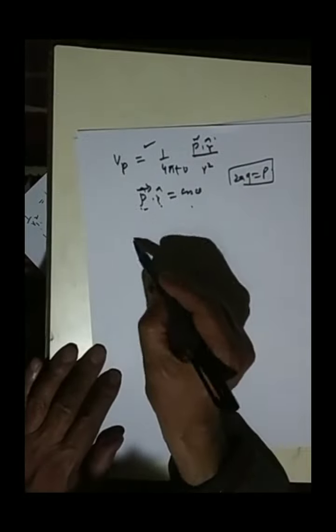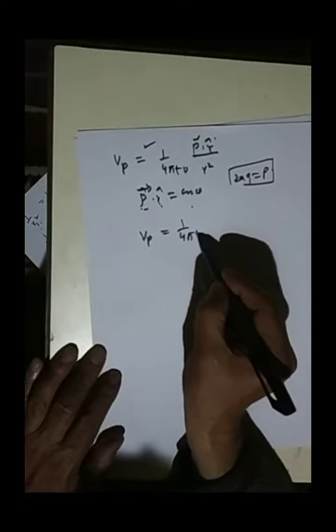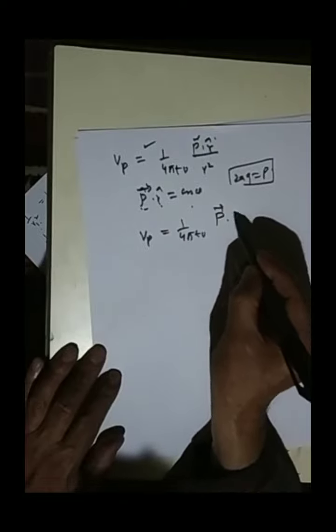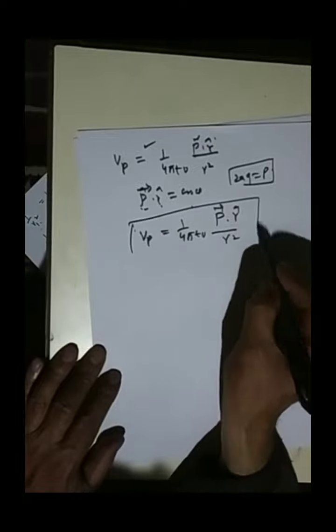So this final relation is Vp equal to 1 by 4 pi epsilon 0 P dot R cap by R square. So this is for a general point.